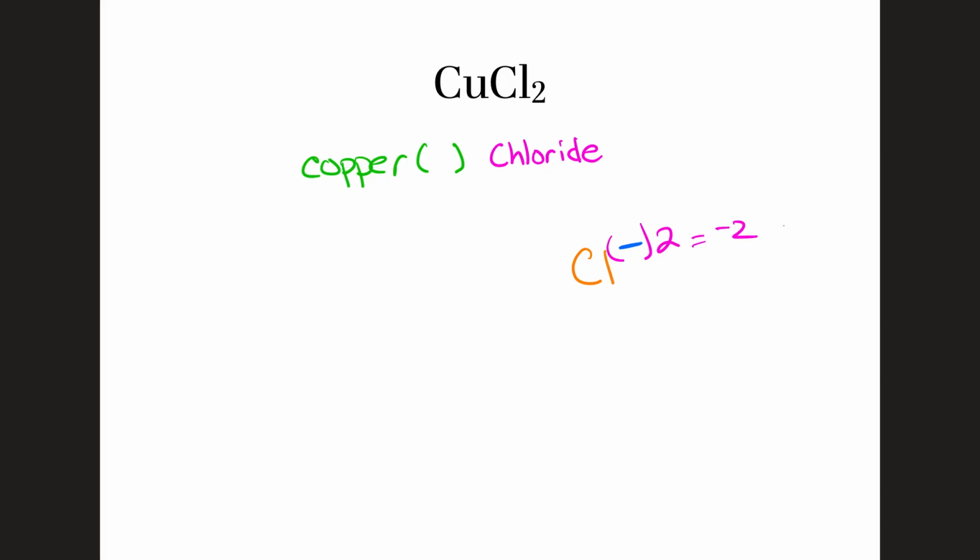Of course, all of our charges have to equal 0. Copper has no subscript, so we only have 1 copper. So we divide by 1, which equals 2. That means our charge for copper is 2. We can plug that in as the Roman numeral to give us the name copper(II) chloride.